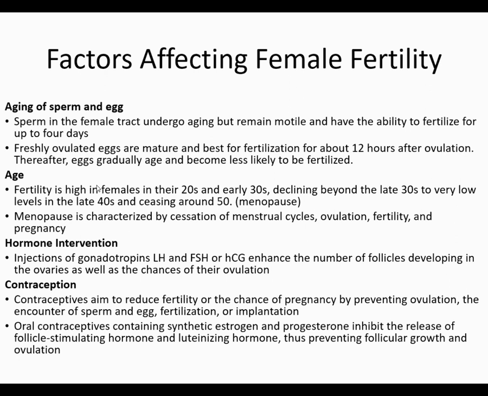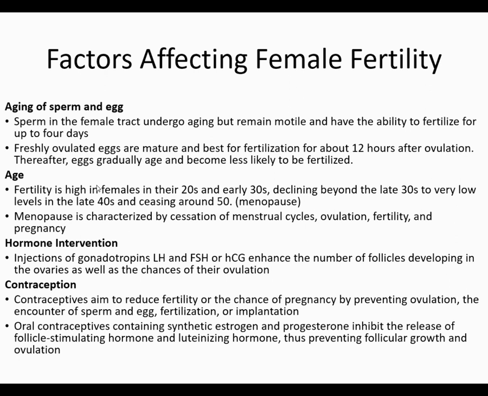Freshly ovulated eggs are most mature and best for fertilization for about 12 hours after ovulation, but thereafter they gradually age and become less likely to be fertilized. It is not completely impossible, though, for a female to get pregnant at the beginning or at the end of her reproductive cycle. Females can get pregnant during menstruation, which is against the belief of many people.